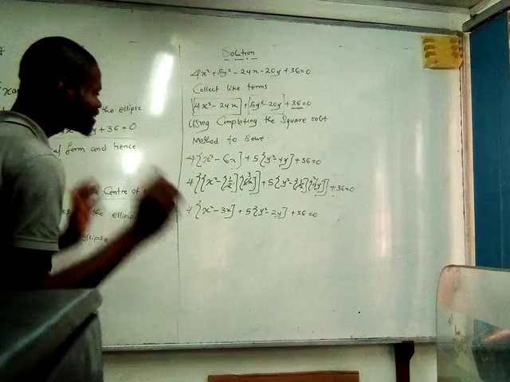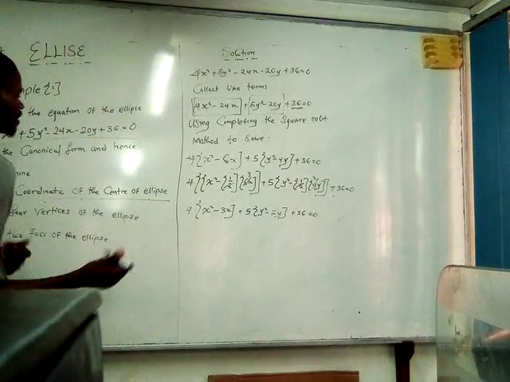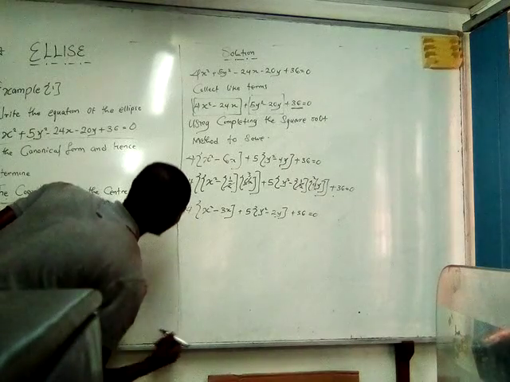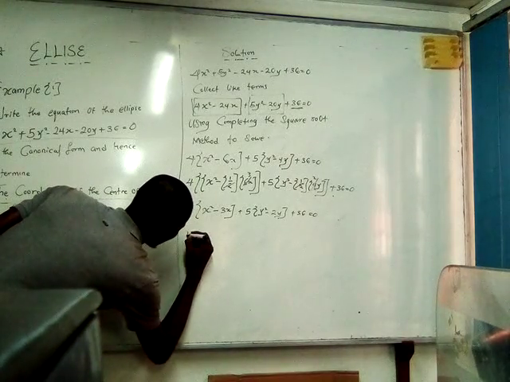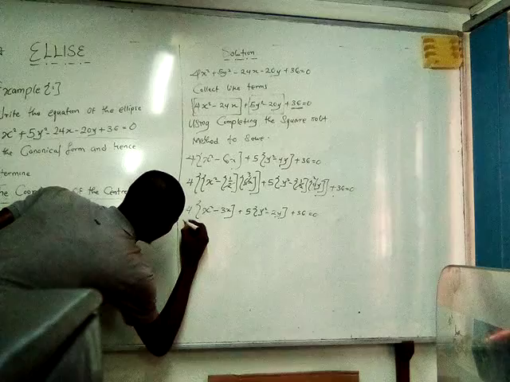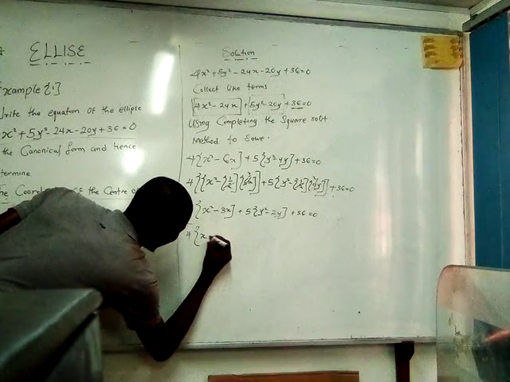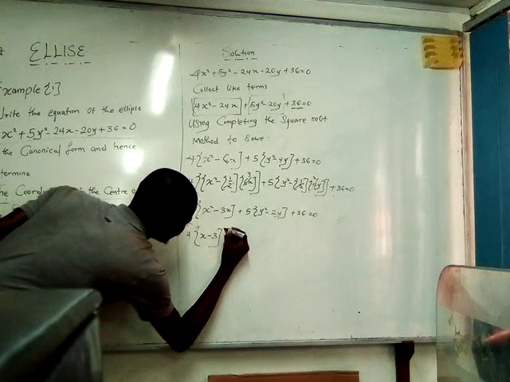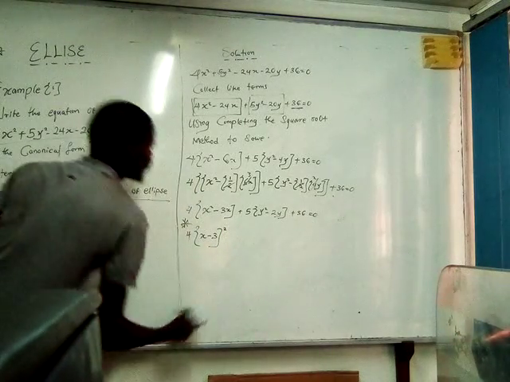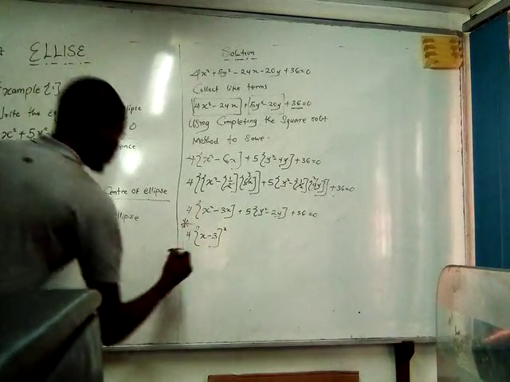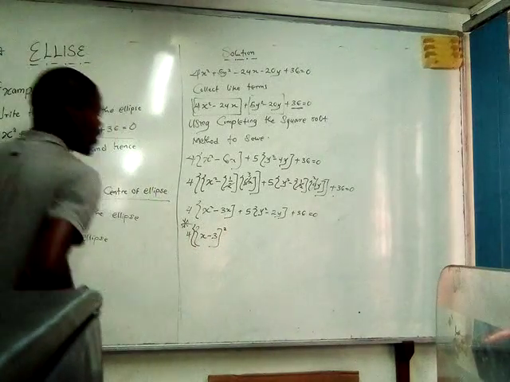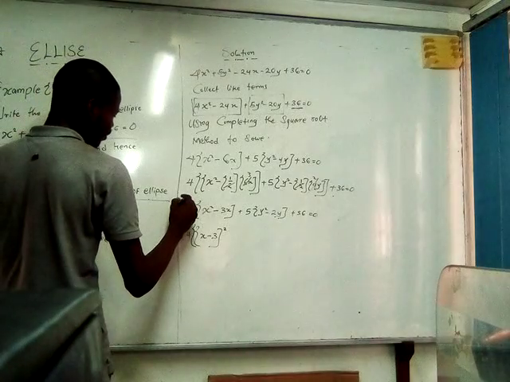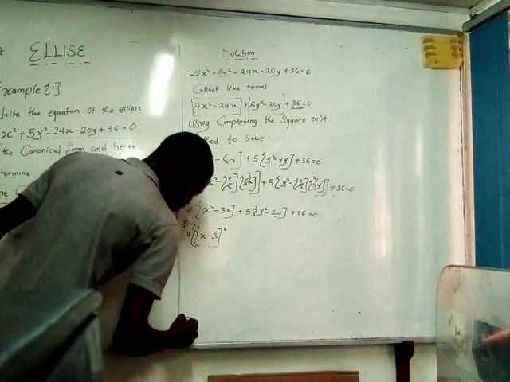Then always take note of this: 4 open bracket x minus 3 raised to power 2. Always take note if you are solving completing the square method in ellipse.